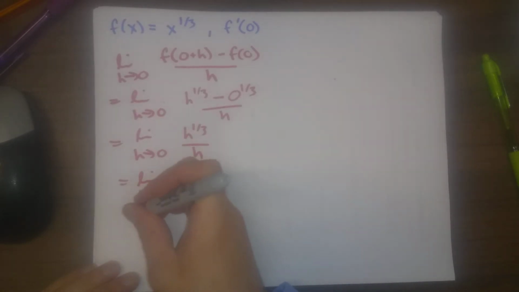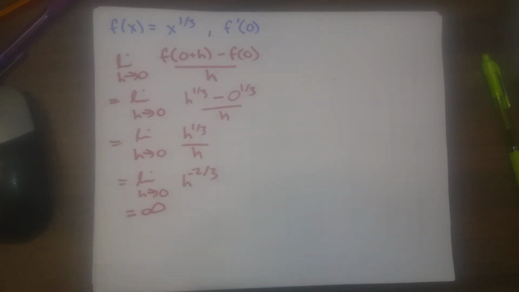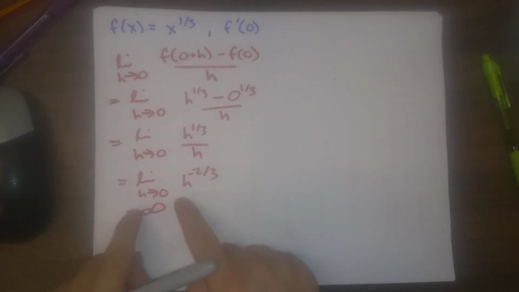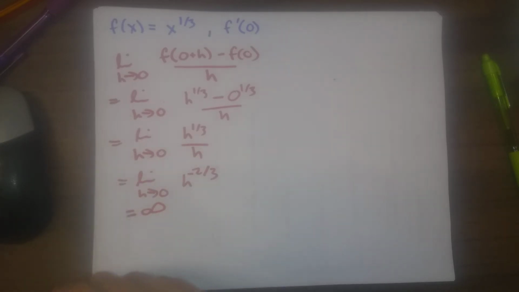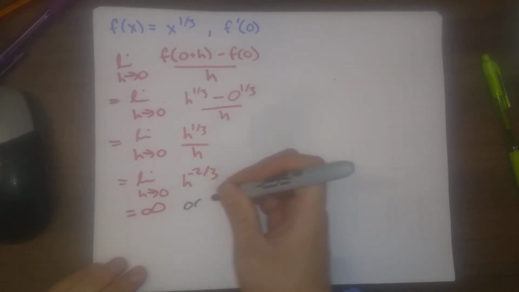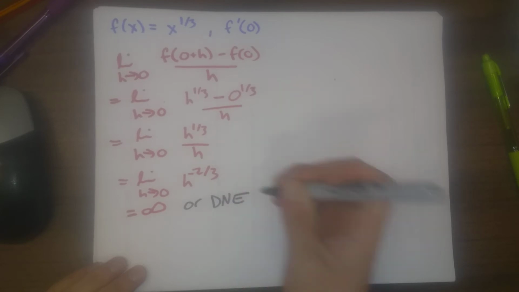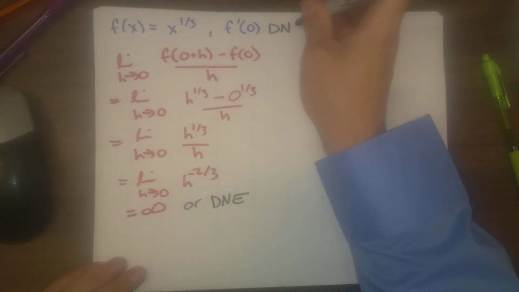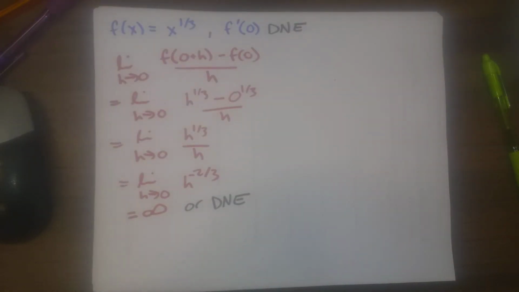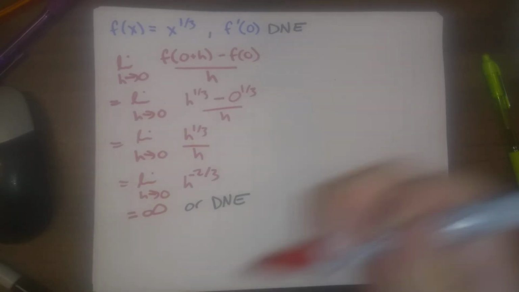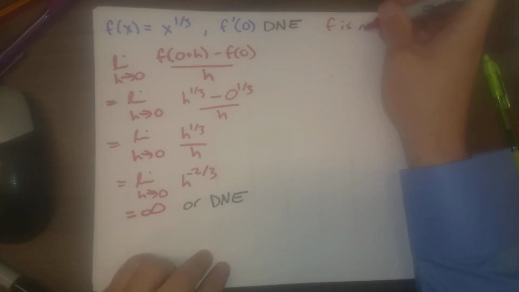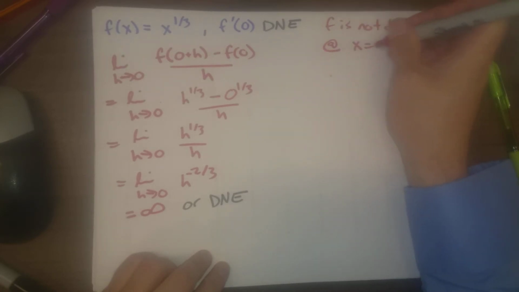And so this limit here is infinity. But as we said back in chapter 2, whenever we say the limit is equal to infinity, that's really saying the limit does not exist. And so in this particular problem, it's more appropriate to say f prime of 0 does not exist, or f is not differentiable at x equal to 0.